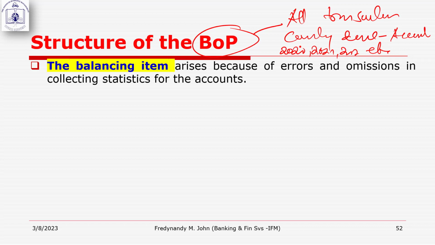So collecting statistics, collecting information of all the transactions that the country has made is extremely tedious work. It's not something small or simple that someone can accomplish just like that.